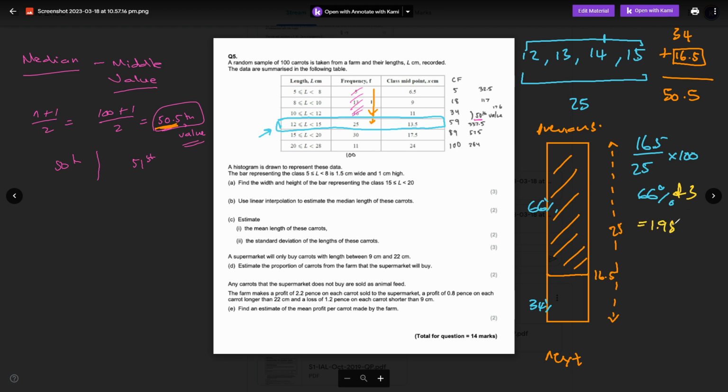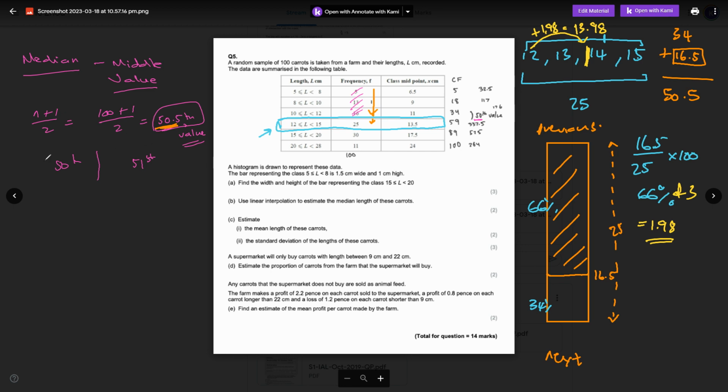So if I take 12 plus 1.98, I will end up at 13.98. So most likely at 13.98, I will get that median.